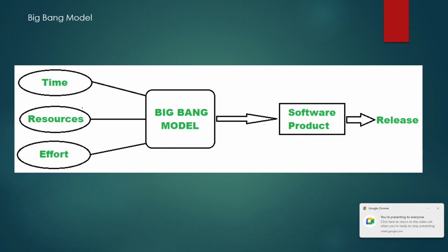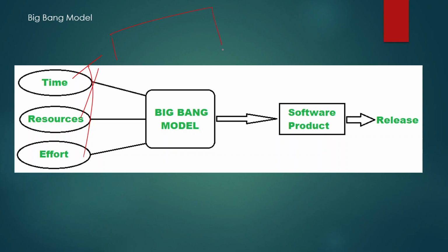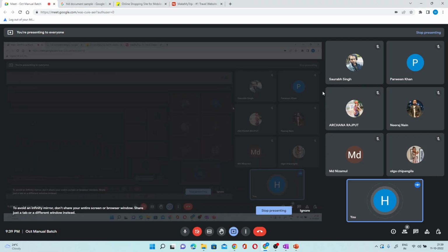They will put all their time, resources and effort together and work together on that website, and they will create it in 3 to 5 days and release the product. The big bang model is basically used for very small websites.